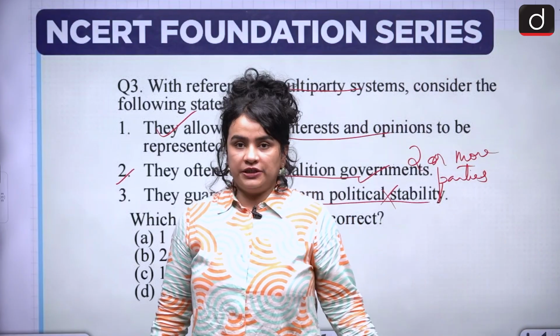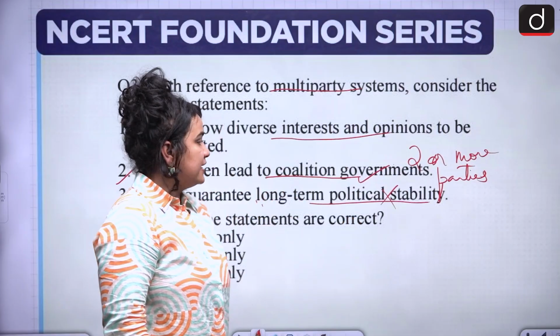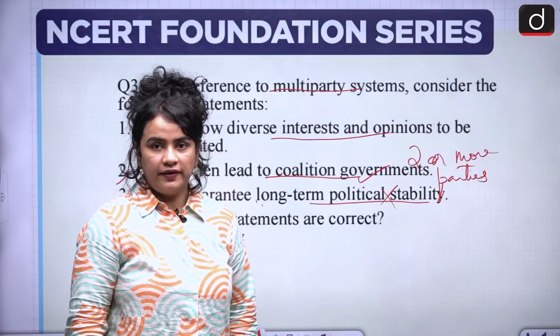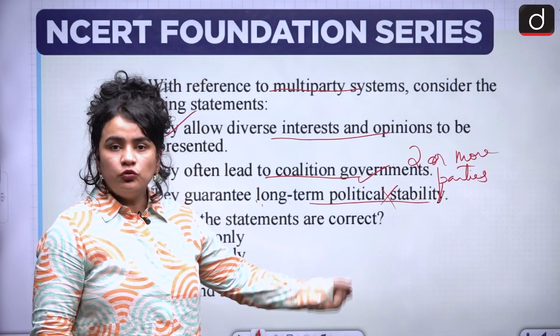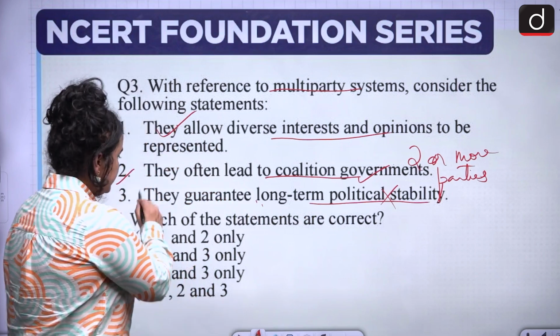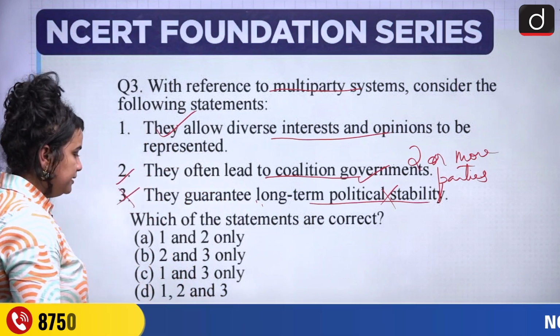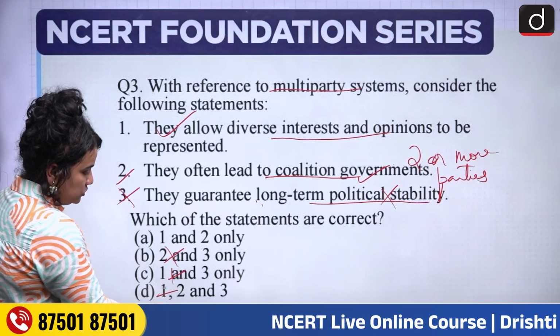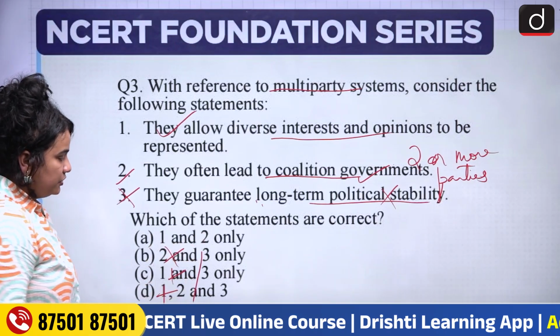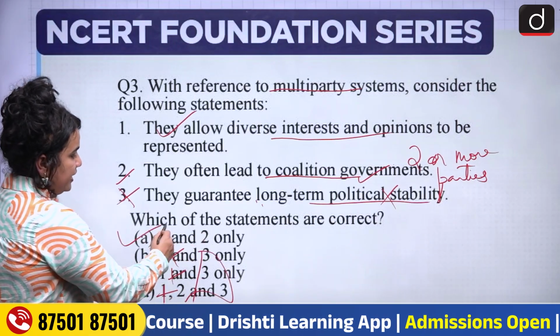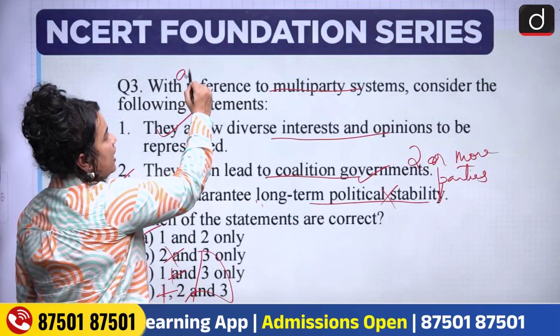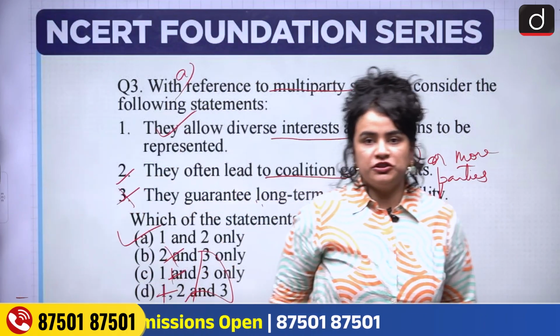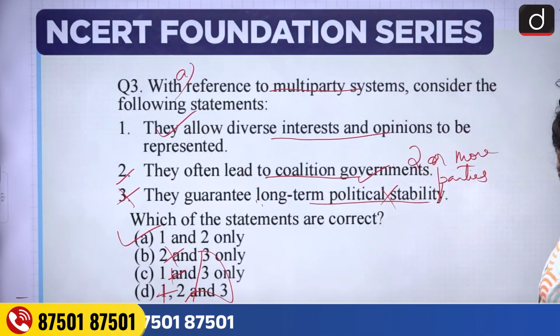On the contrary, they do not guarantee stability, right? They sort of lead to instability. So we can eliminate the third statement. Let's check our options. Let's eliminate all those options which have the third statement and arrive at the correct answer, which is 1 and 2 only, option B. I hope all of this is making sense to you.